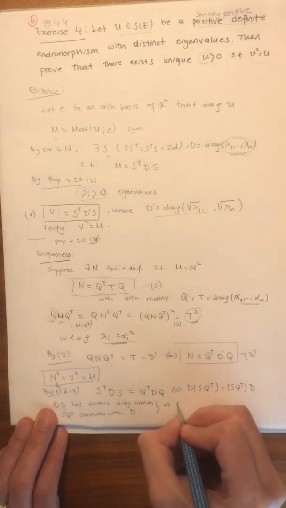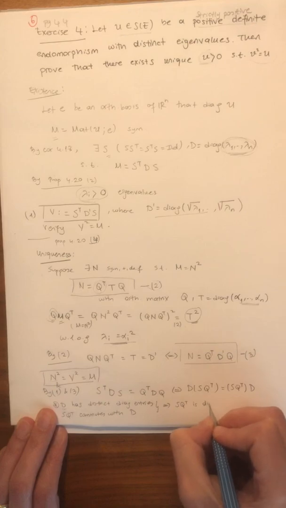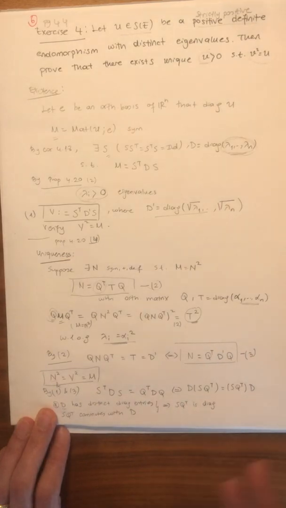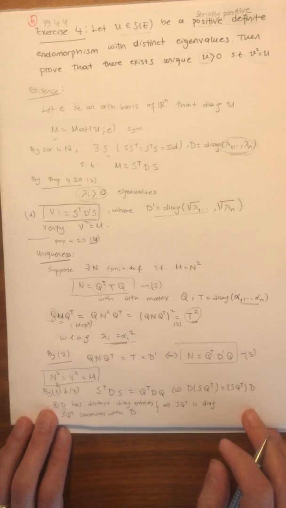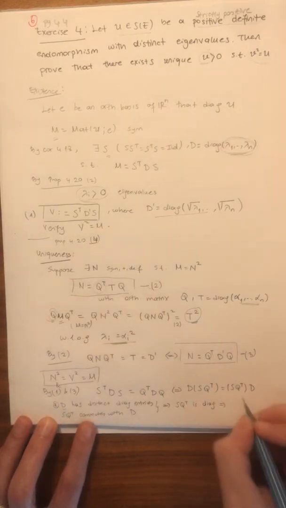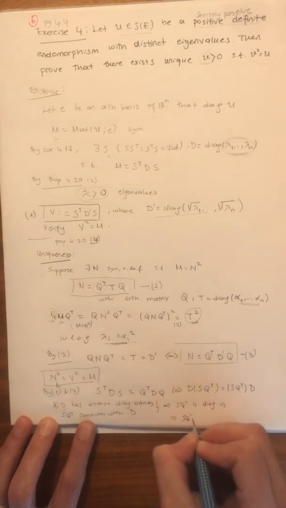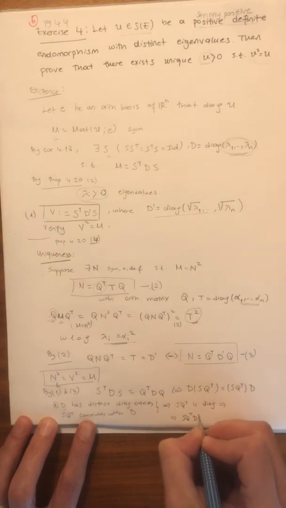You can easily see that S Q transpose is also diagonal, but we don't know if it is the identity or not. It's just diagonal. And since it is diagonal, it also commutes with another diagonal matrix, D prime.